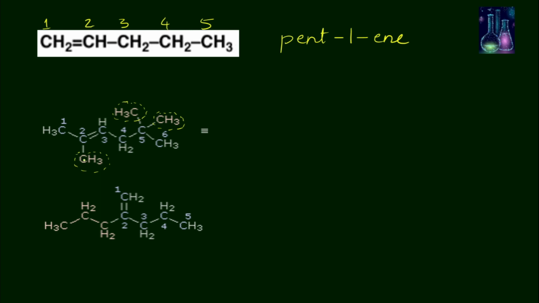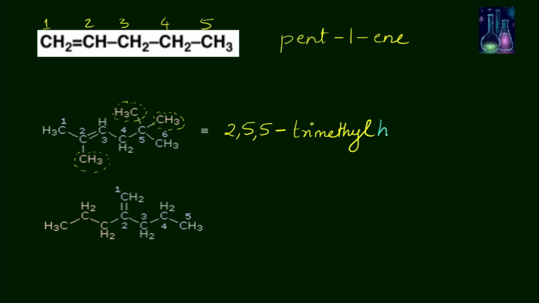Now let's write the substituents. There are 3 methyl groups. One is on the second position, the other two are on the 5th position. So 2,5,5-trimethyl, and there are 6 carbon atoms in the main chain.